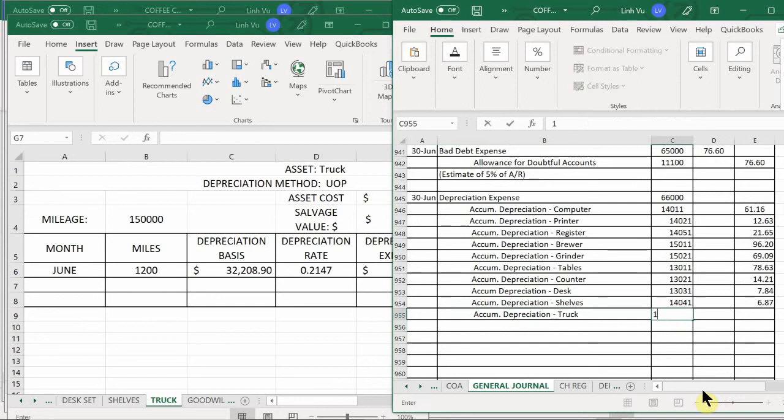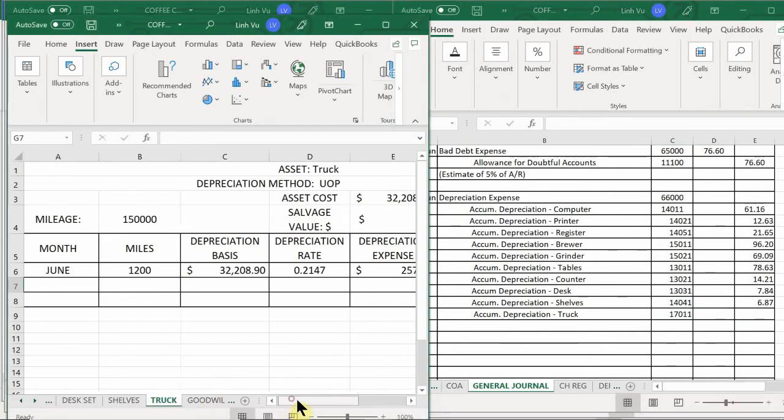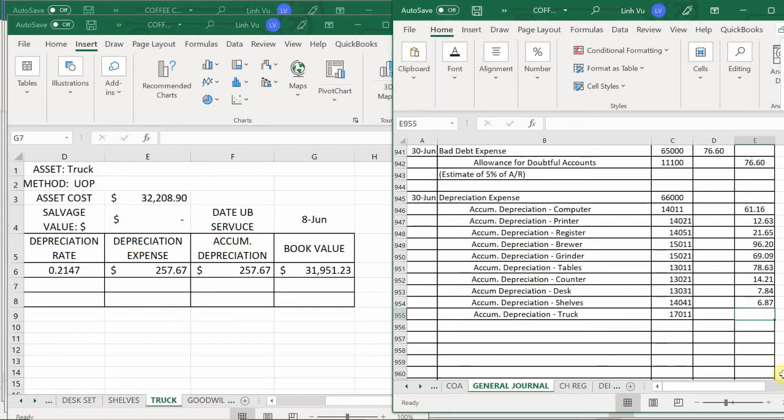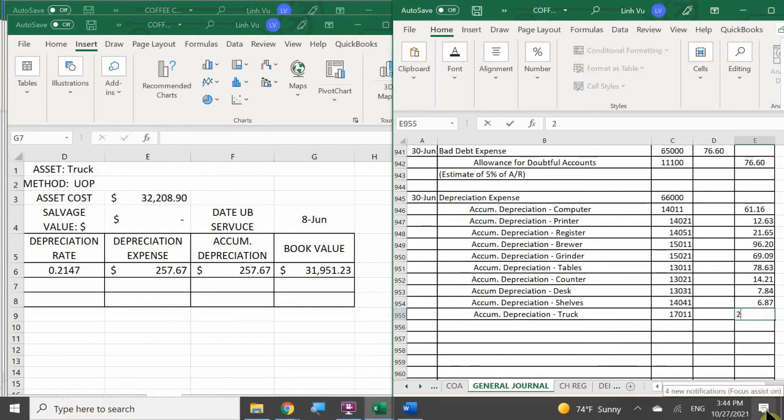It is 17.11. Oh, the truck I don't have. I think I didn't write it. I don't know the amount of the truck.